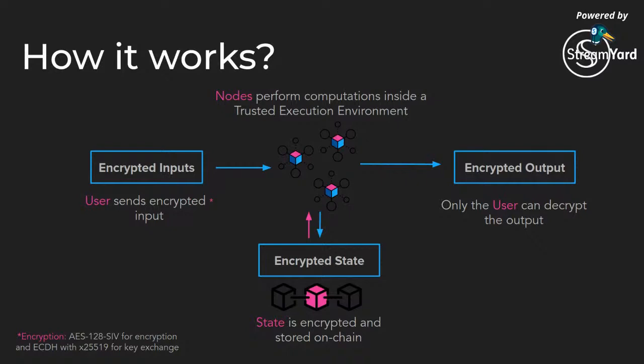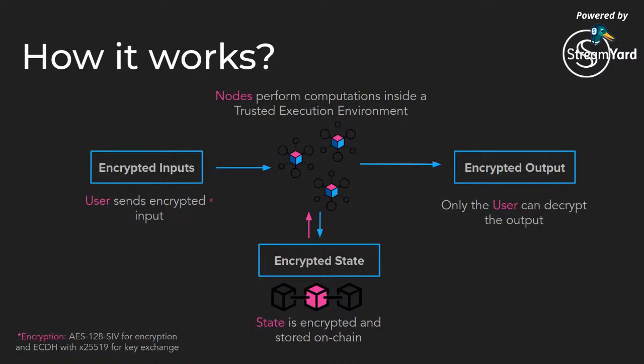So as you know, we have different nodes which are validating in the network, and each of the nodes has a special, let's call it a decryption key, which is stored inside this trusted execution environment, inside this enclave.